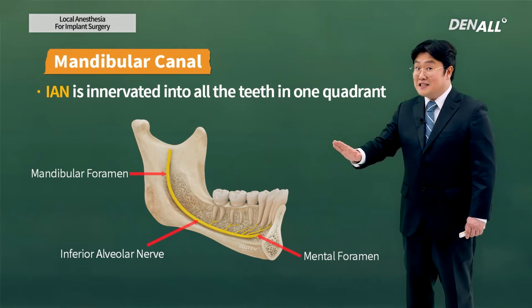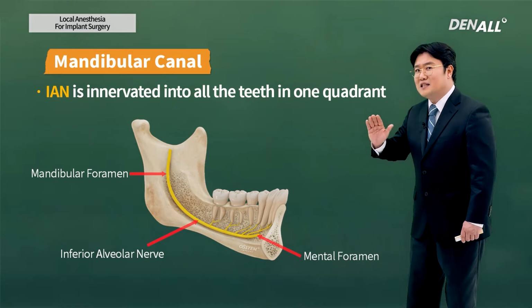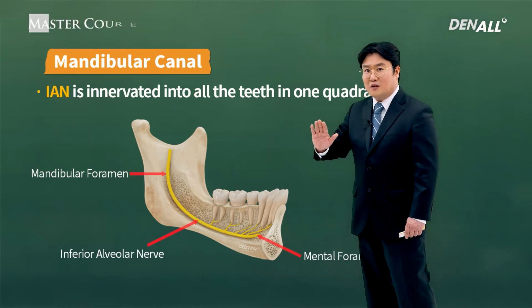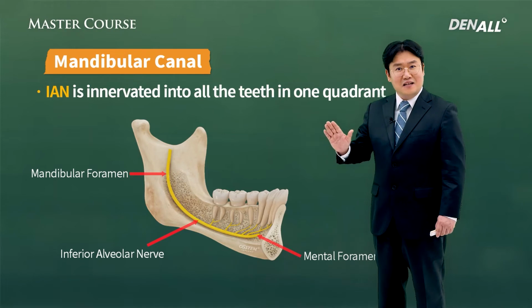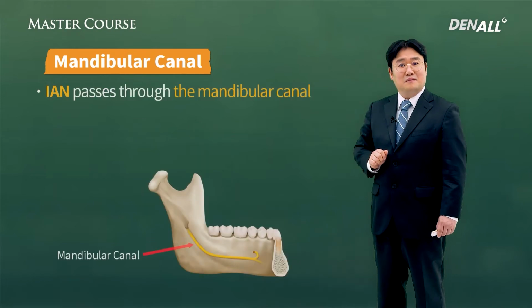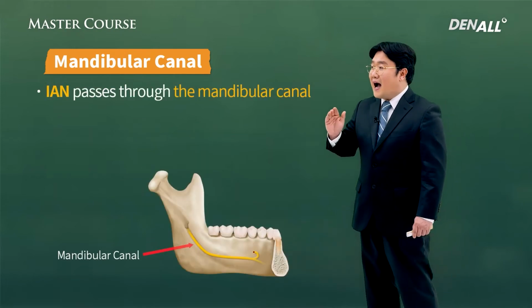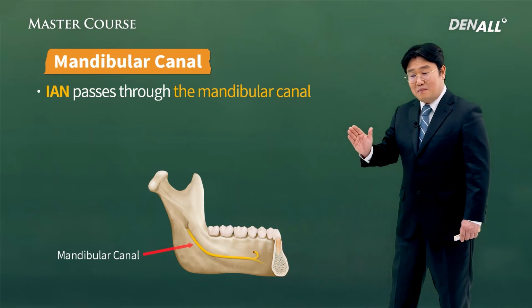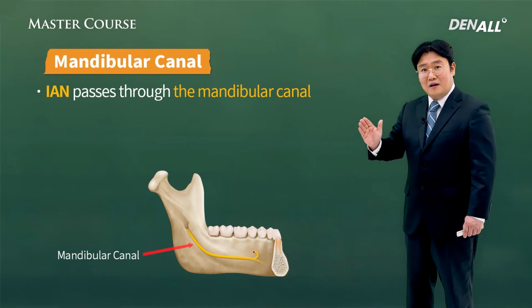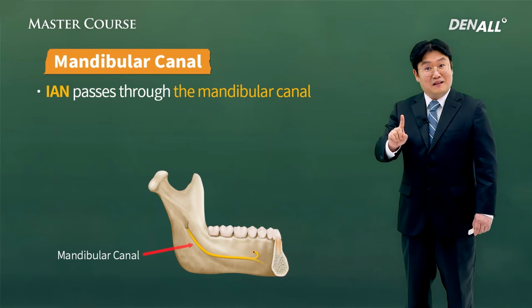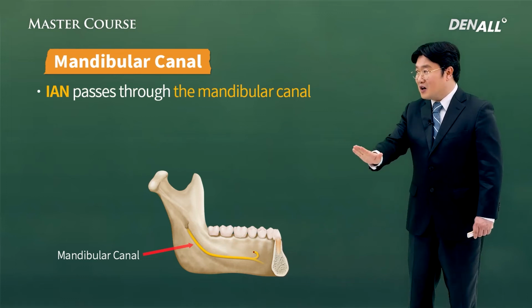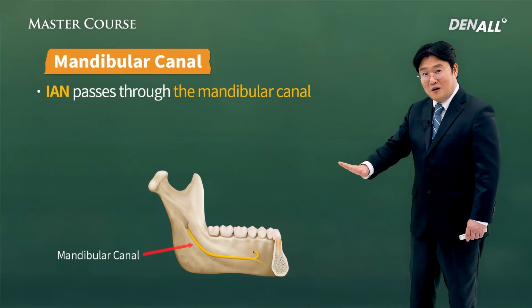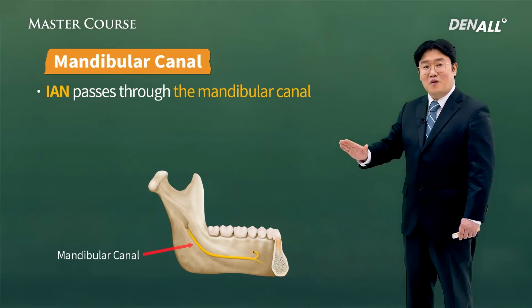So the sensation of the site where implants will be placed can be completely blocked as well. As implants go into the area with missing teeth, the inferior alveolar nerve goes into the lingual mandibular foramen, passes through the mandibular canal, and comes out from the buccal mental foramen.